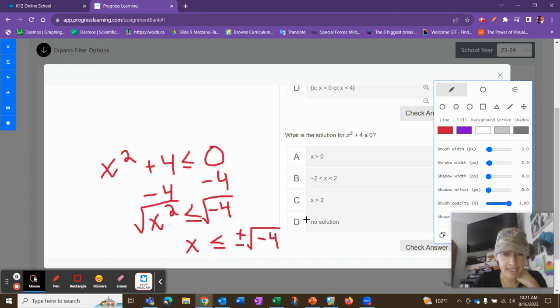Wait a minute. The square root of -4, well, that creates what we call an imaginary number. We have i, the imaginary number, and we define it as equal to the square root of -1. So this is actually going to imply plus or minus 2i.